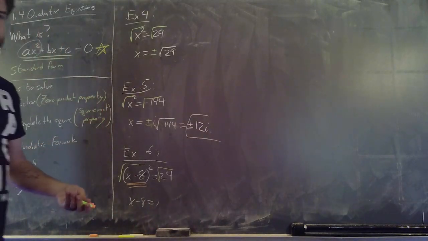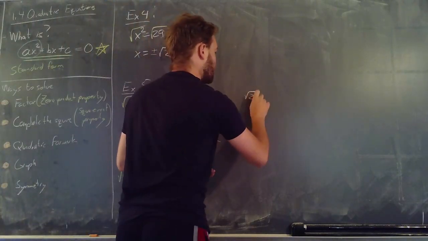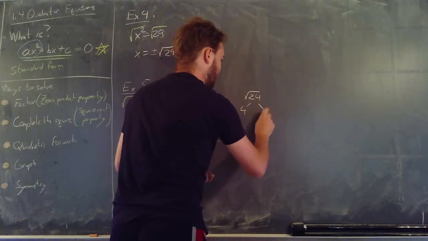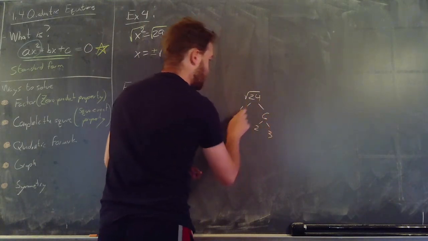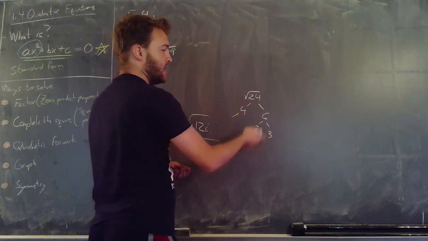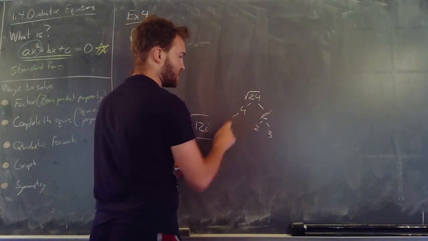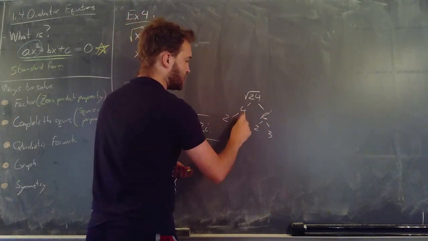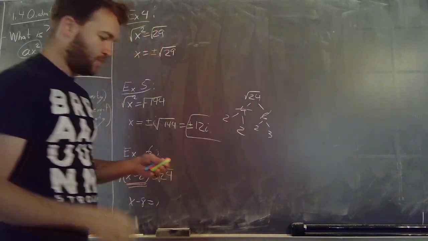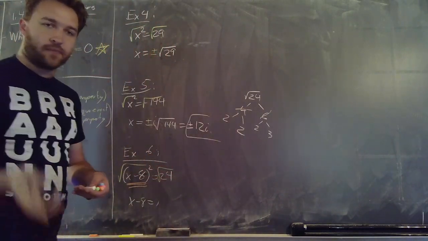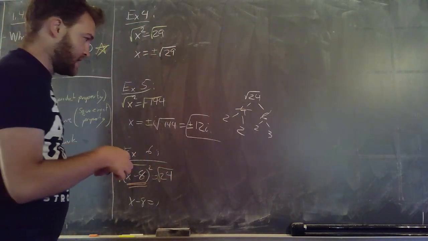And then the square root of 24, I can quickly come over here and just make myself a factor tree. I know that 24 is 4 and 6. 6 is 2 and 3. I'm going to cross off the 6 at this point. And then 4 is 2 and 2. I'll cross off the 4. So I'd like to take pairs of numbers outside of the square root symbol.